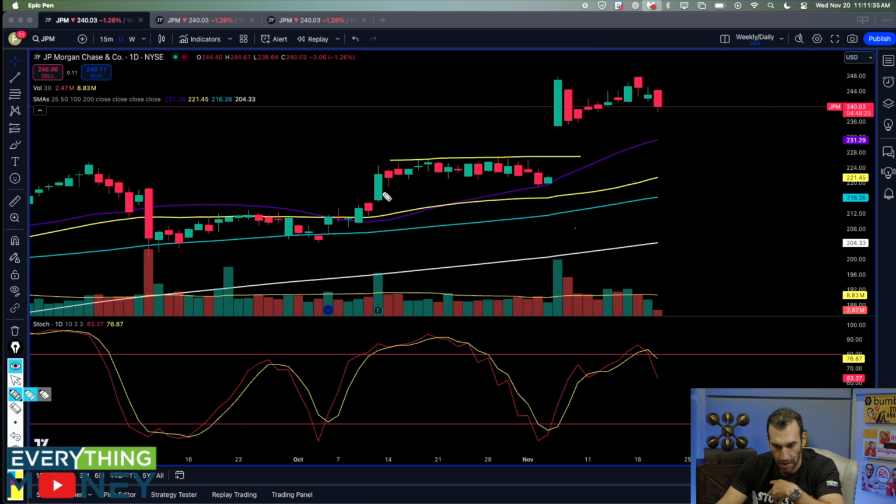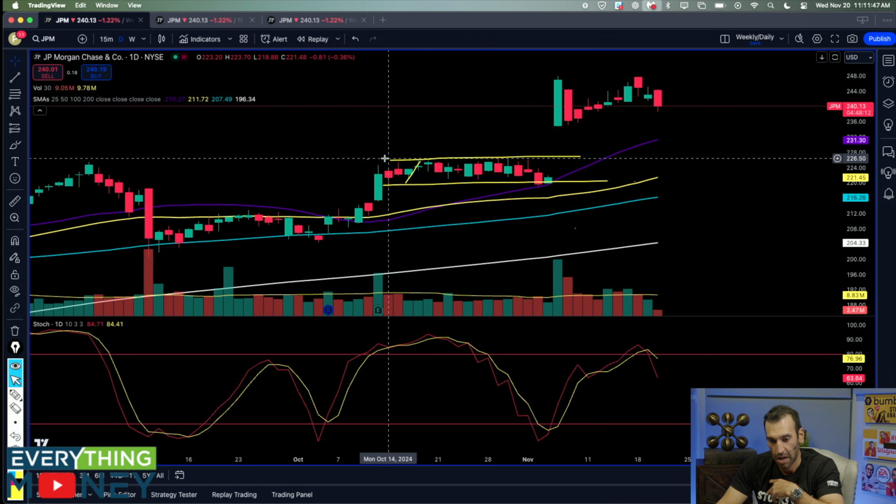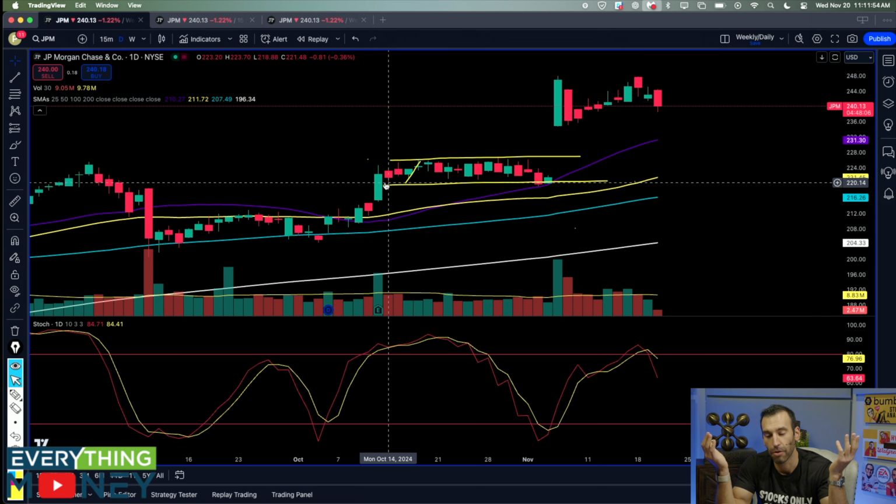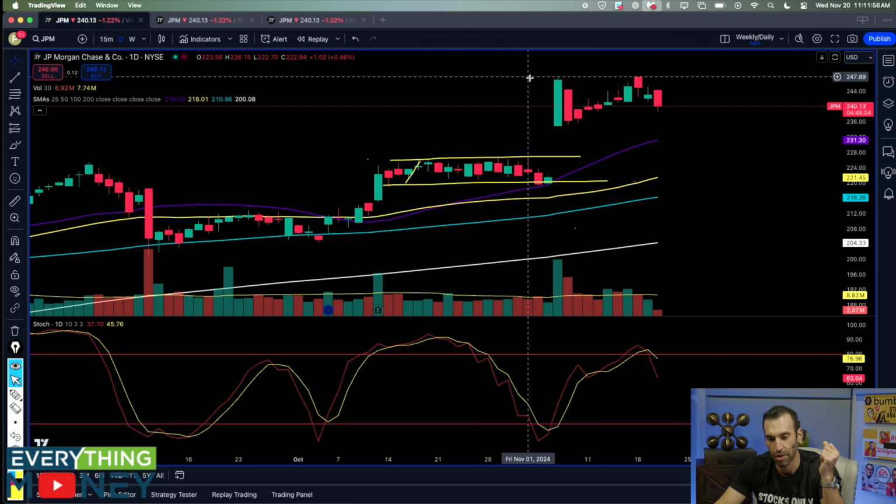There's our top and here's our bottom. If I go long on a stock, I know I need to exit at this yellow line I drew, which is about 226.50. And if I'm coming down, I need to exit around 220. It's very simple. That's the beauty of these consolidation channels. They give you points of entry and exit.